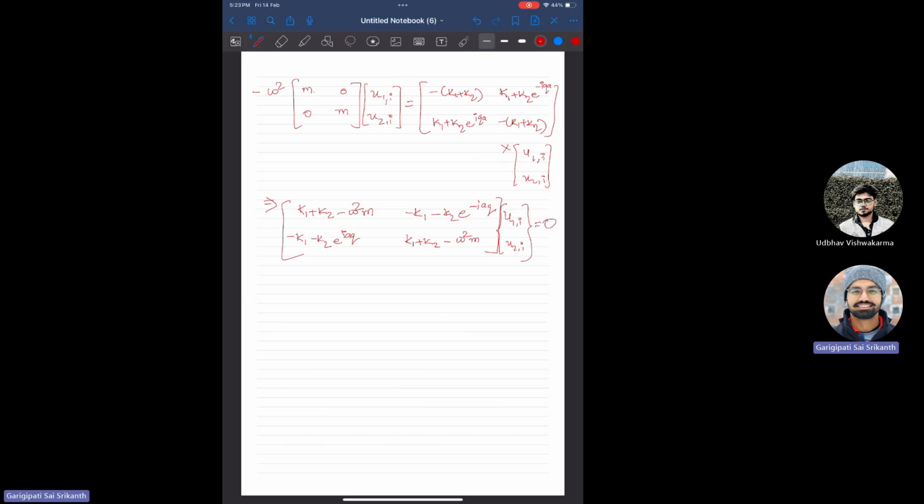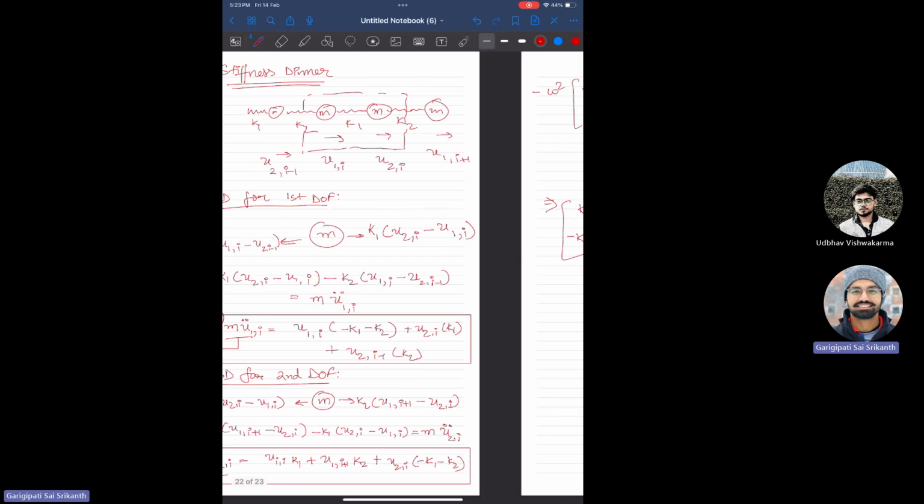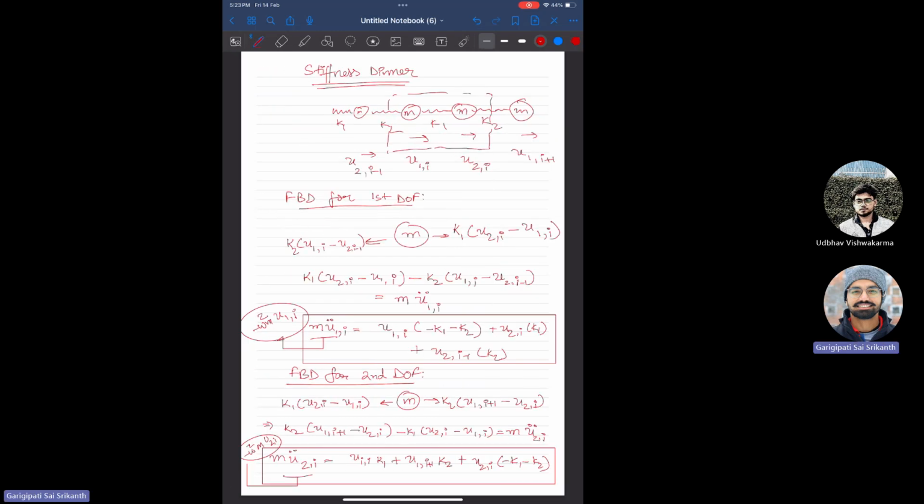So this is the equation that we get. What we have done is we have combined the equations that we got from the free body diagram of the stiffness dimer for the first degree of freedom and the second degree of freedom. So this is for the first degree of freedom and this is for the second degree of freedom.